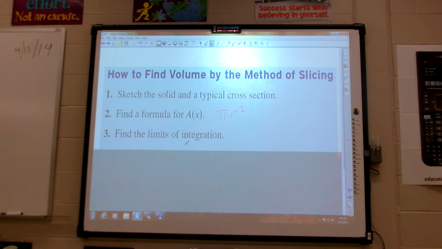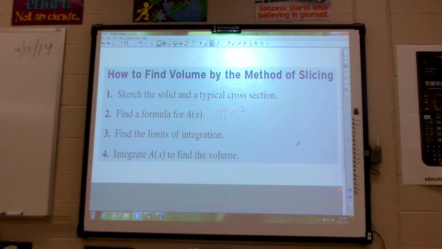Sometimes you're told from x to this, x to that. Other times you have to do your intersect command and all that good stuff, just like here. And then finally, integrate. Integrate A of x to find the volume.